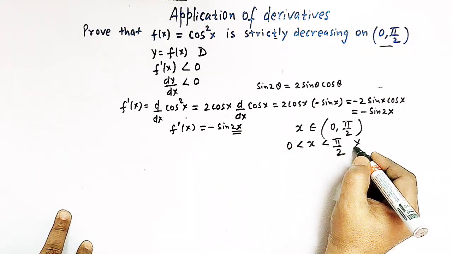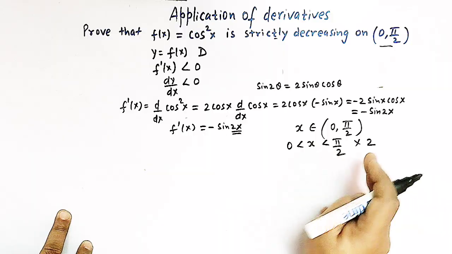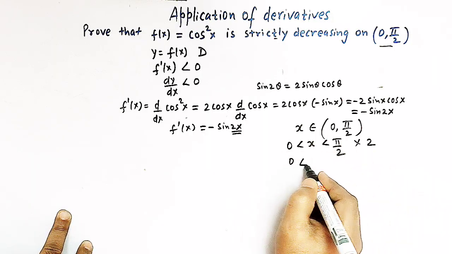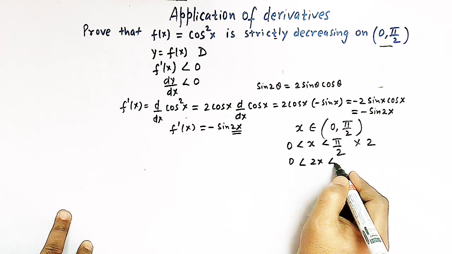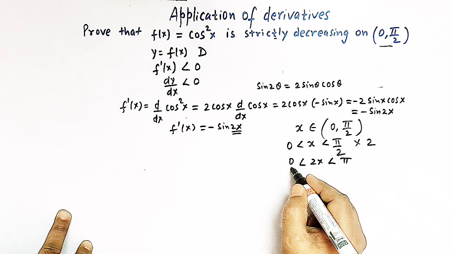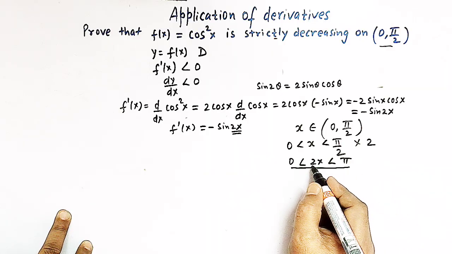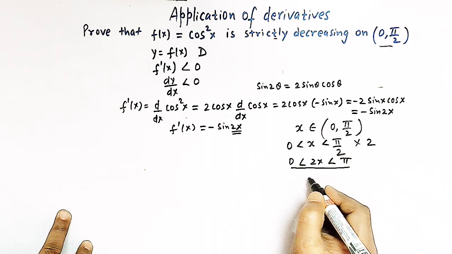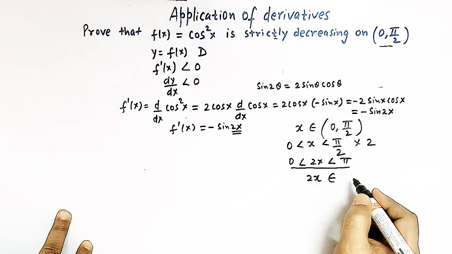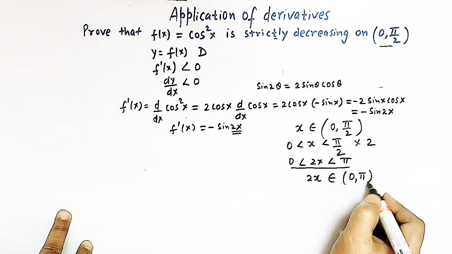So let us multiply this inequality throughout by 2. So we have here 2 times 0 is 0, here we have 2x, and here we have pi, as 2 and 2 get cancelled. So from this inequality we can easily conclude that 2x belongs to the interval 0 to pi.